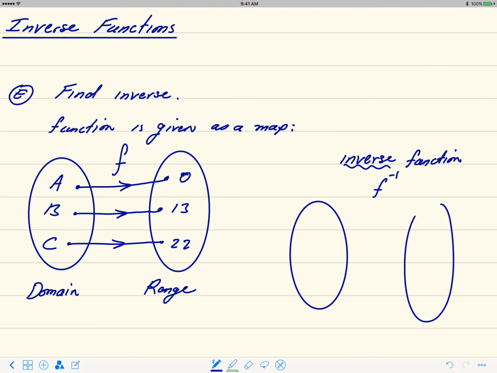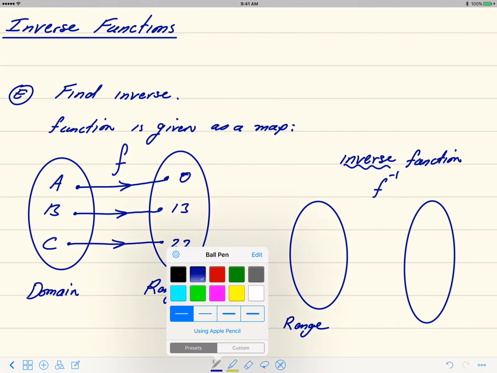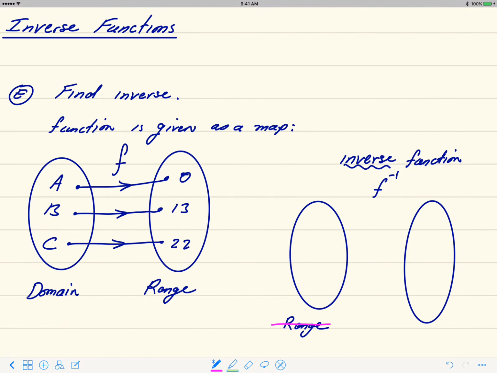So that's f inverse. So the first thing you want to do to figure out the inverse is you swap the domain and range. So what used to be the range is now the domain. So the domain now is the numbers 0, 13, and 22.